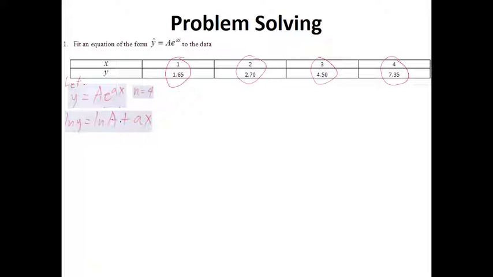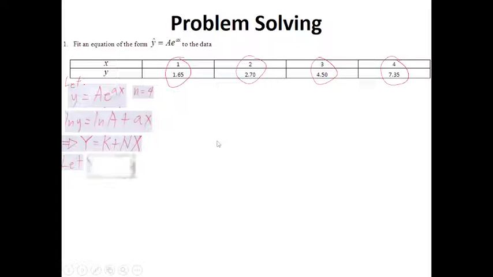Then ln y can be written in terms of uppercase Y, ln a can be written in terms of k, a can be written in terms of n, and lowercase x can be written in terms of uppercase X.